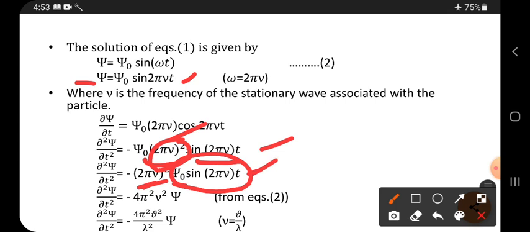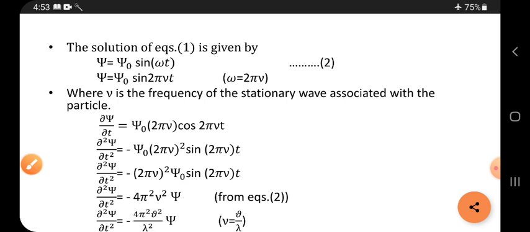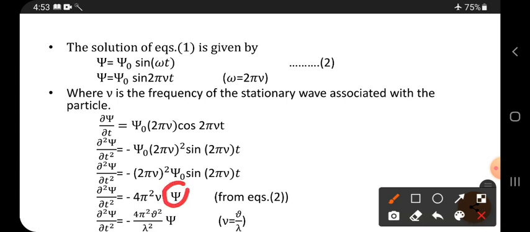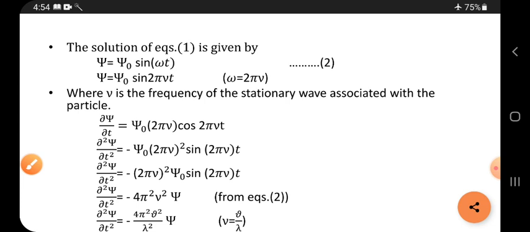In the place of this we have substituted this. The minus stays as it is, and 2 whole square becomes 4, pi square, nu square, multiplied by psi, replaced from equation 2.